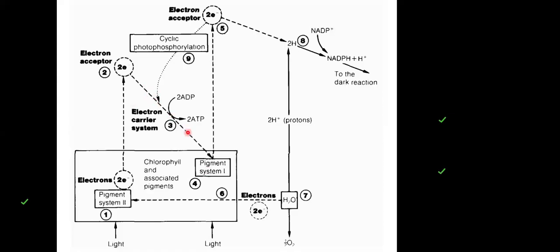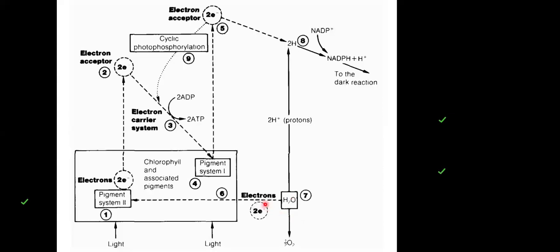Okay, so when it comes here, remember last time I told you that a photon of light strikes this, at the same time strikes this, at the same time strikes the water. So the striking of these 3 by photons of light causes them to lose electrons, okay? The water is going to be ionized or split to give electrons, hydrogen ions, as you can see here, and then oxygen given off as a byproduct.